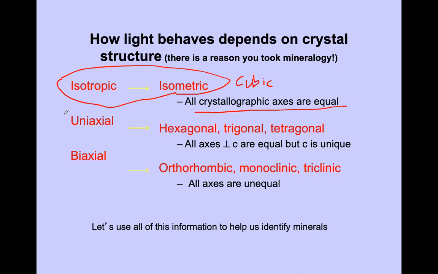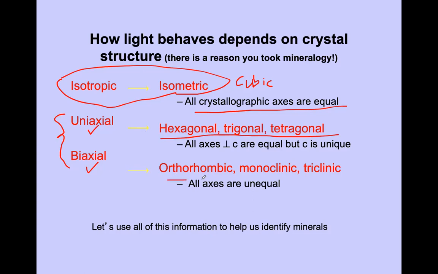And anisotropic minerals have two categories, uniaxial and biaxial. These can be all the other crystal forms, but uniaxial are the hexagonal, trigonal, and tetragonal systems.